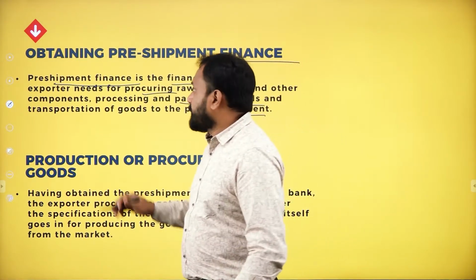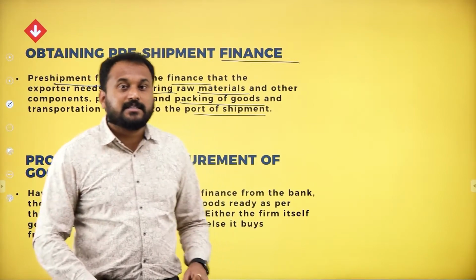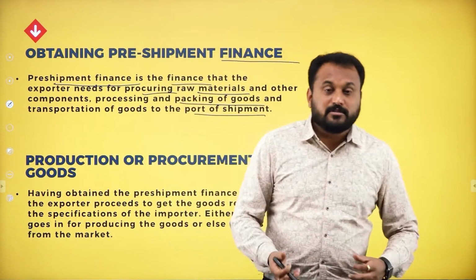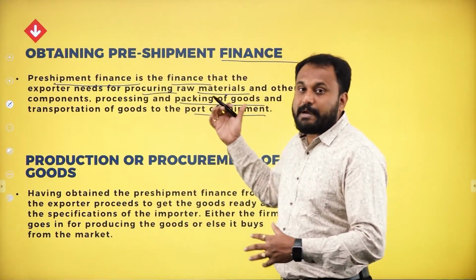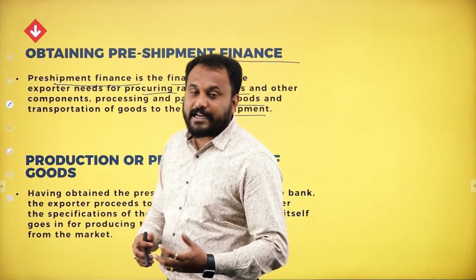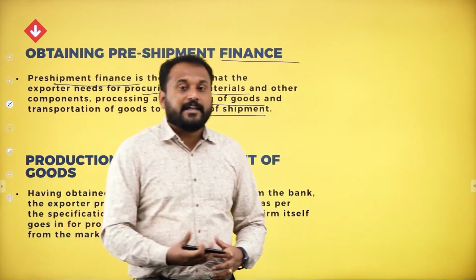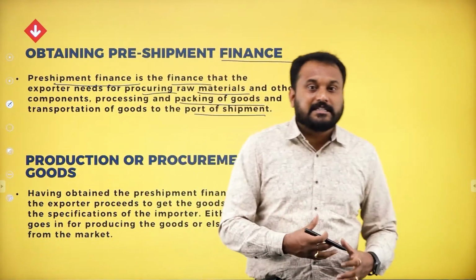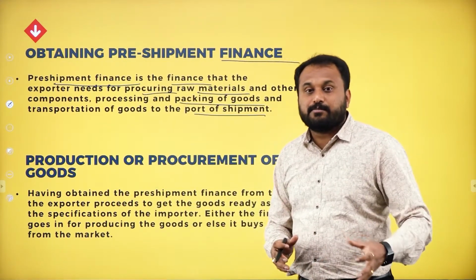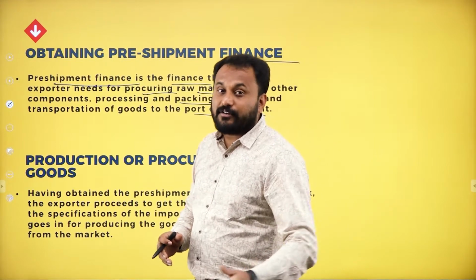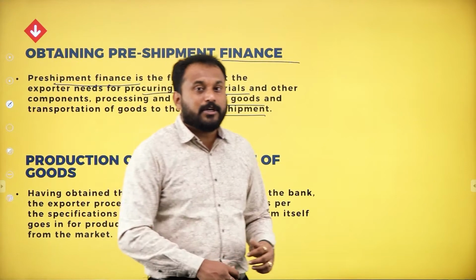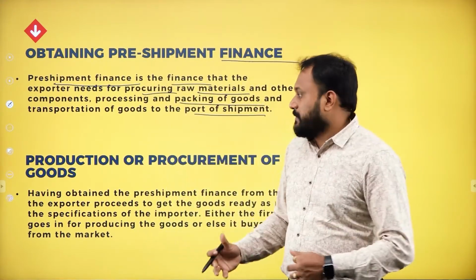So what happens is he'll ask the importer to pay a little amount or an advance amount so that he can go for the manufacturing of the product, say raw material or packaging or all those kinds of safety measures, or to take insurance. He needs pre-shipment finance. So the importer will go for a letter of credit from the bank of the importer to the bank of the exporter. That is how he'll start making money.